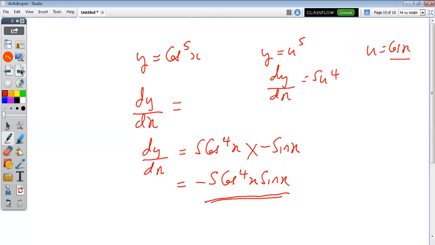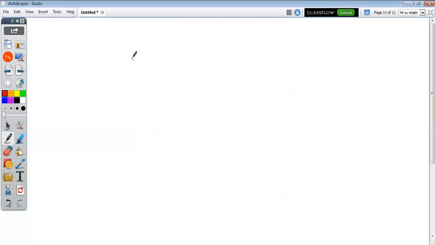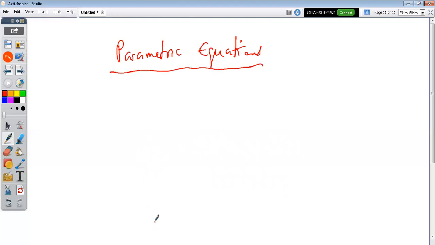Now, this takes us where I wanted, which is differentiation of parametrics.